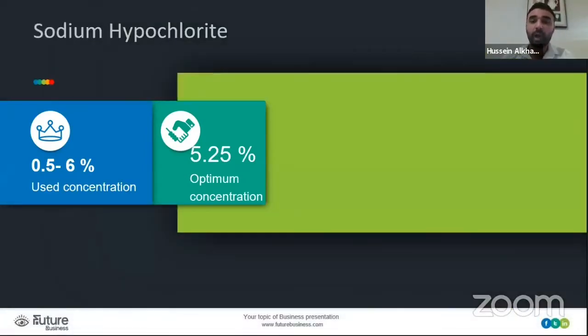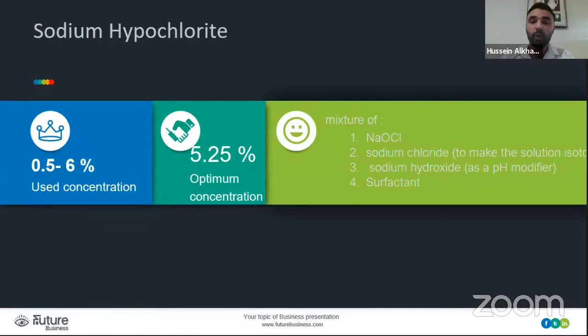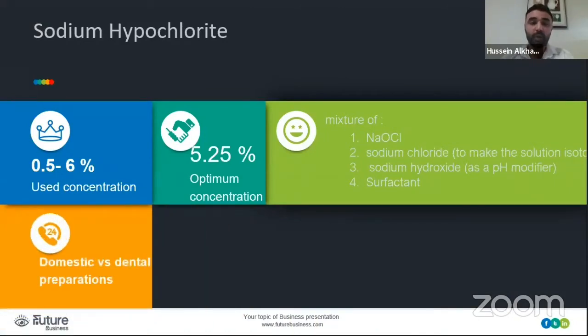The sodium hypochlorite used in root canal therapy is composed of sodium hypochlorite, sodium chloride, which makes the solution isotonic, and sodium hydroxide, which works as a pH modifier and a surfactant. Something we must consider is the difference between domestic preparations of sodium hypochlorite, which are intended for daily work such as house cleaning or other purposes, and dental preparations that are specially fabricated for dental uses.